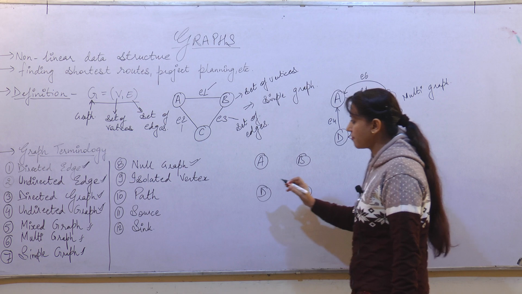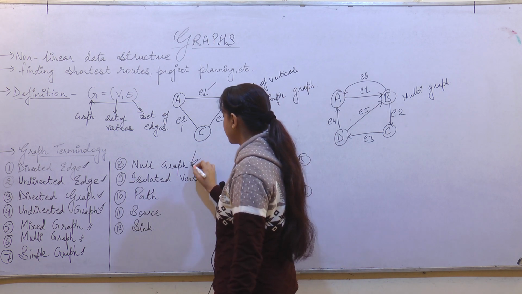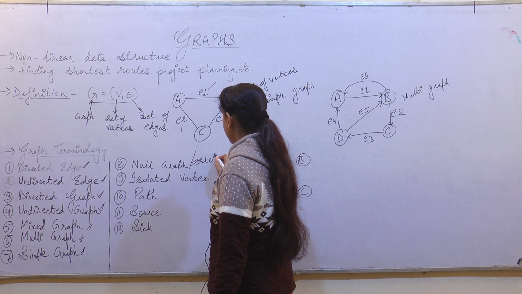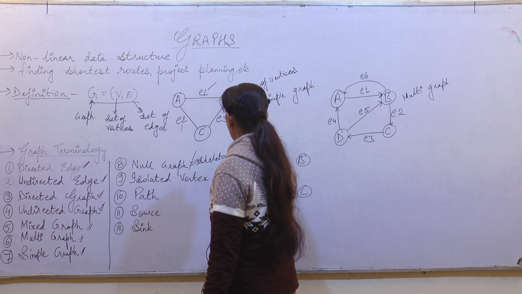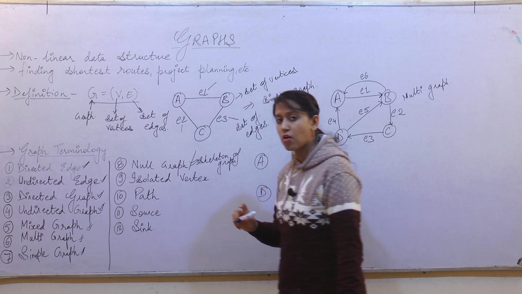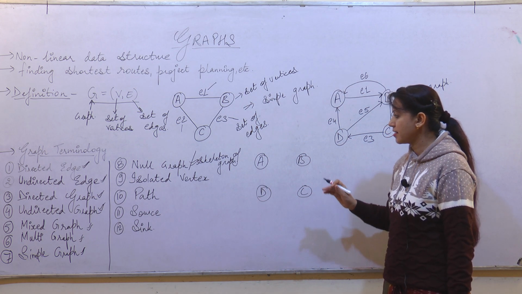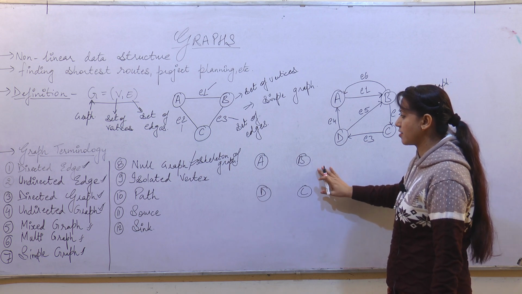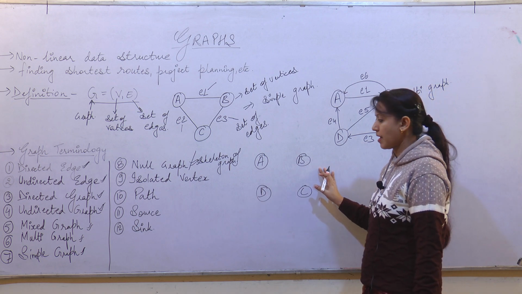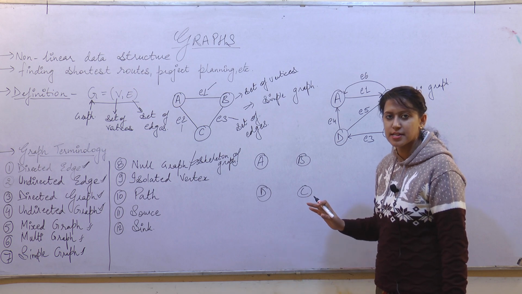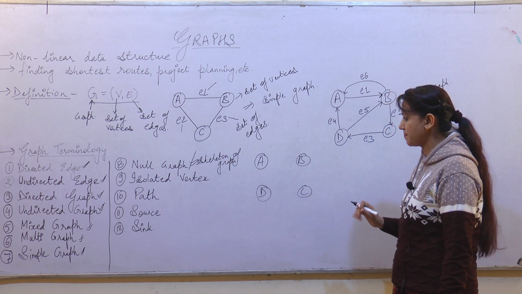This null graph is also known as the skeleton of the graph. A null graph is nothing but the set of vertices, and these vertices are not connected by any edges.